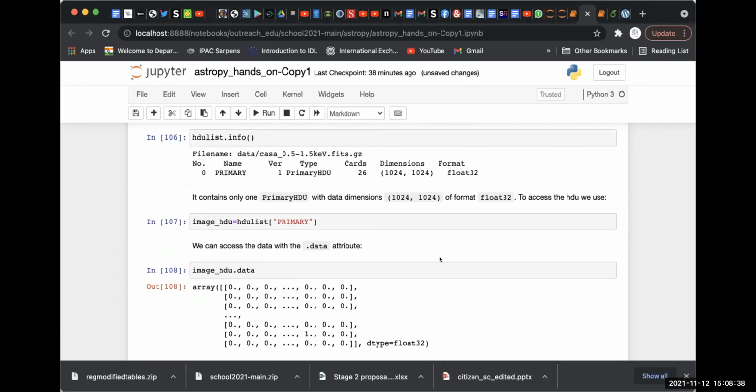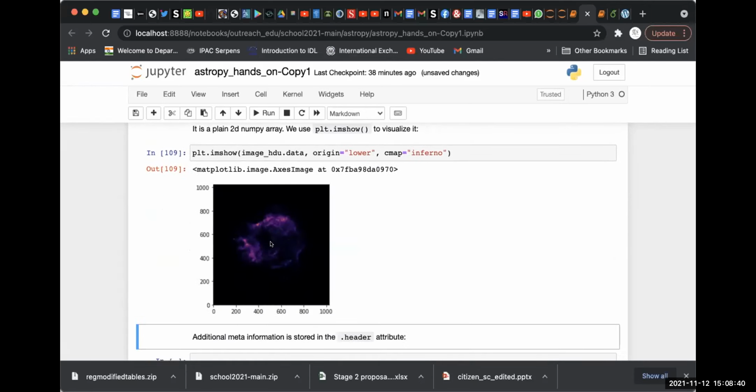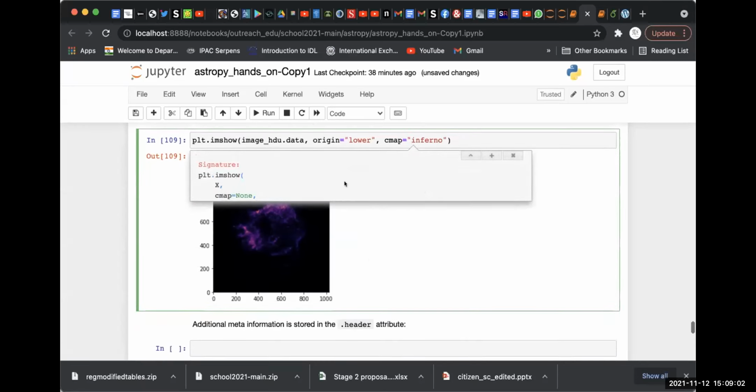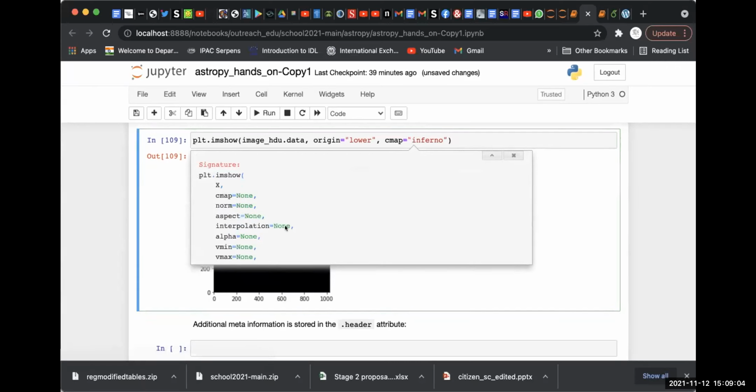Depending on the energy of the photon, we give it a certain color, and those are the colors you see in this image. In X-ray images, or even optical images, these are artificial colors. There are different color maps. If you press Shift Tab, you'll see there are many different color maps you can take.